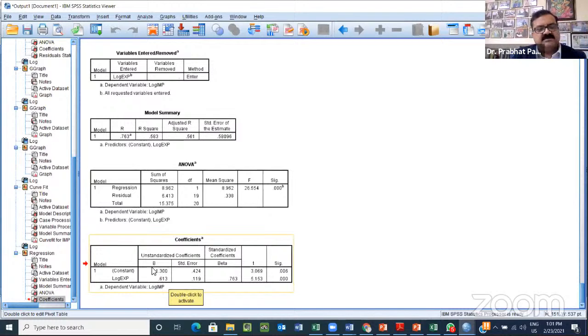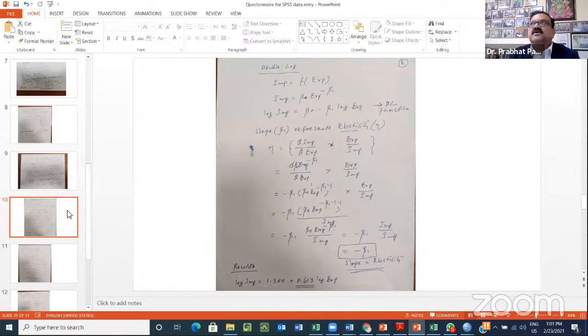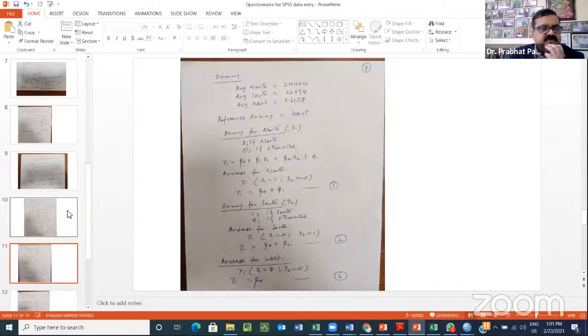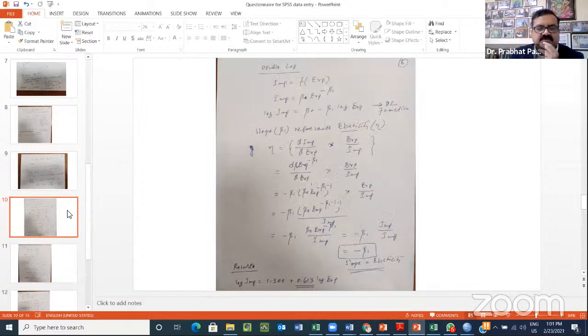So any 100% change in expenditure is going to lead to about a 61% change in the impression. So that's the implication of double log functions. Any question on the implication of the double log function?